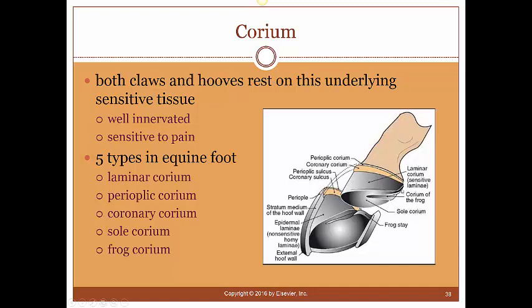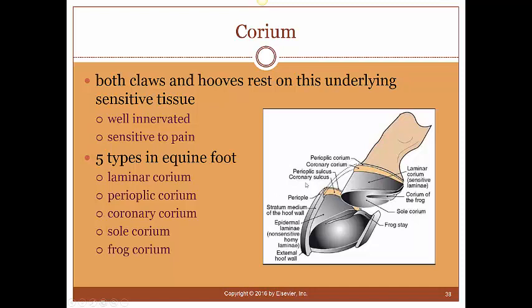And then we have the different layers of the insensitive, or the outer, starting at the periopal corium, and so this ends up being the very outside of the hoof or the claw, and this ends up being a very thin layer of epithelial cells whose main job is to help keep moisture in the foot and keep excess moisture from entering, but also keeping it from drying out and too much moisture from leaving.